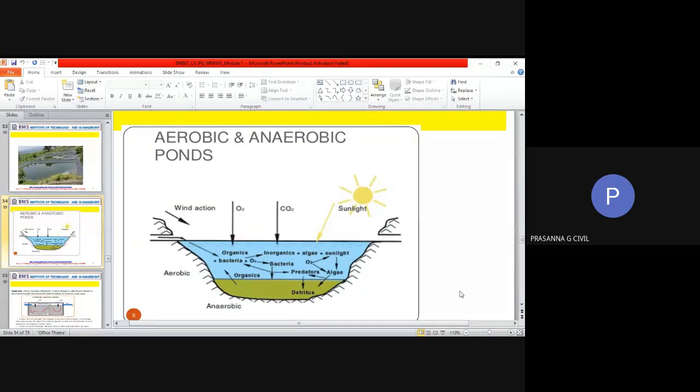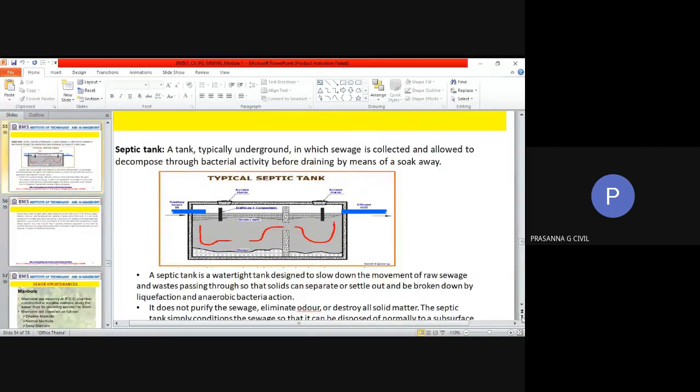Now the second one was a septic tank. First we can ask why a septic tank comes under low-cost treatment. We all know that in cities, most of our areas come under the sewerage system.